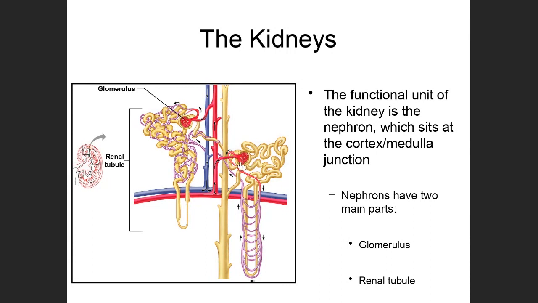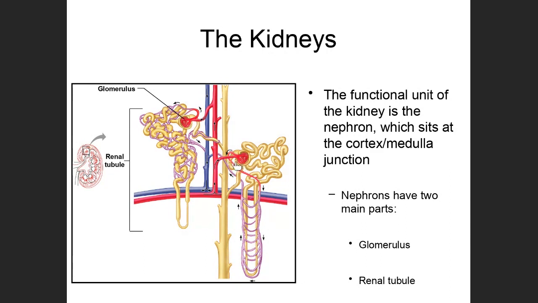But everything else gets pushed into the second portion of the nephron, which is known as the renal tubule. So you'll notice kind of surrounding this glomerulus or this capillary knot, we have the renal tubule that almost sits over it, like it reminds me of a Pac-Man mouth eating the glomerulus. And then there's this long twisty tube that's attached to that little Pac-Man part that sits over the glomerulus.